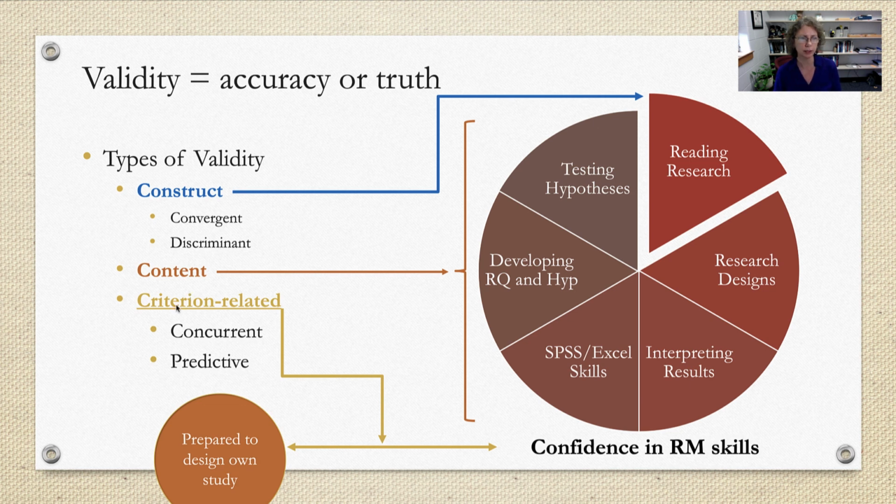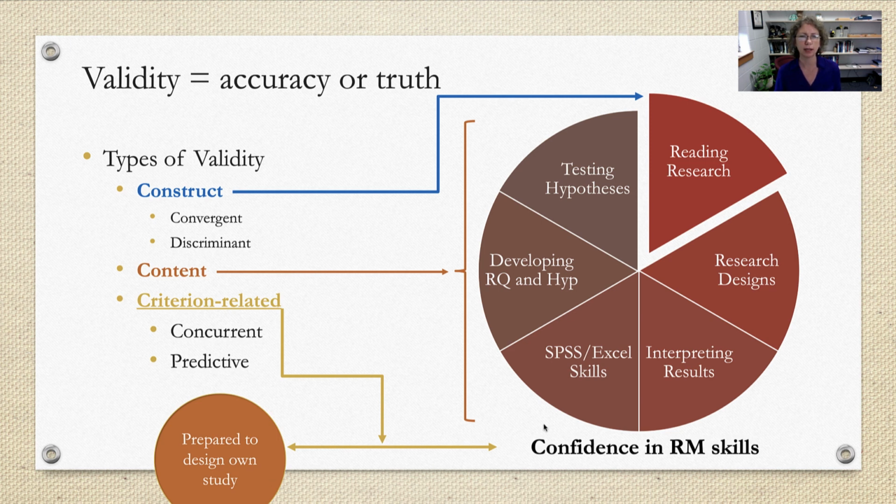And then the last one here, criterion related validity. Criterion is usually your outcome. If I'm purporting that a student's confidence in research method skills should be related to them feeling prepared to design their own study, then we can measure that.